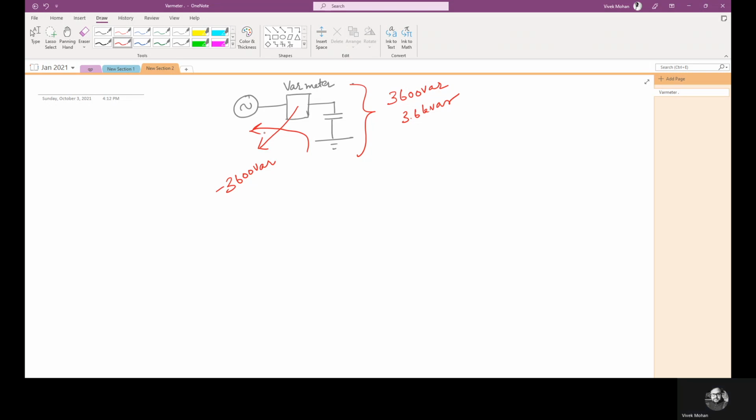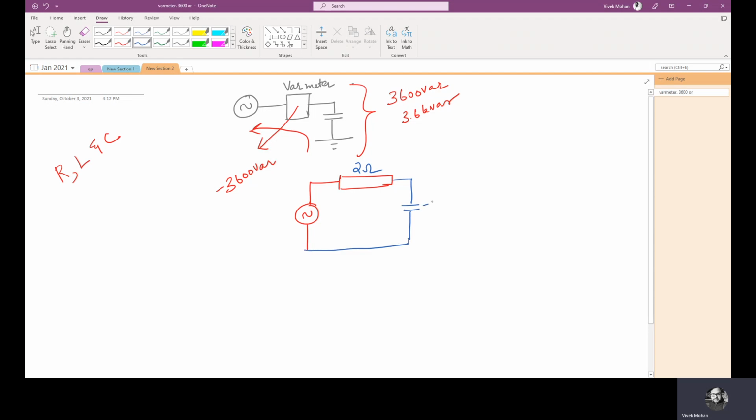Now, let's see another example in which all the parameters R, L, and C are there. So we'll see the currents carried by each of the elements. This is my generator. This is my resistor, which is 2 ohms, and I have a capacitor like this, which is minus j3.5.